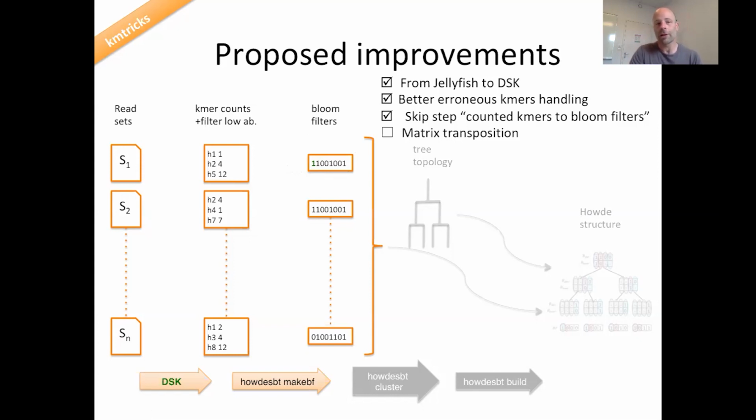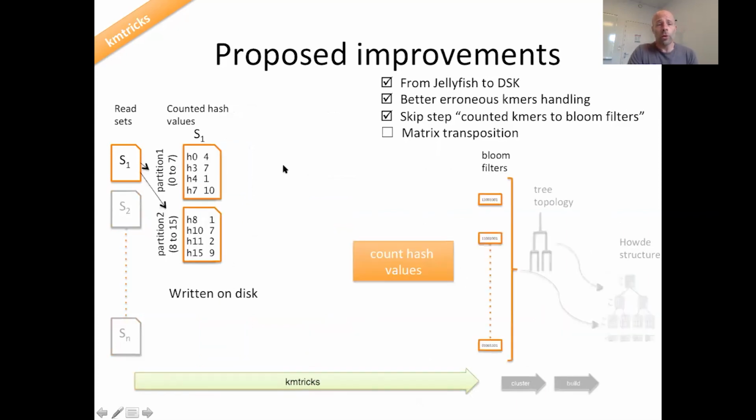If we directly count their hash values, what we obtain is almost some Bloom filters. So during this step, we store the hash values with their counts. How do we do that? Just a little focus on this part.